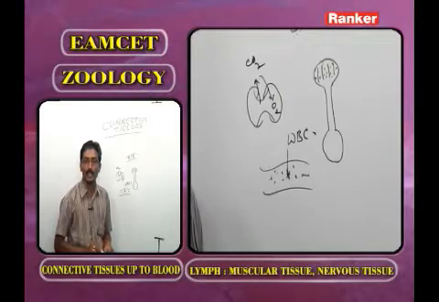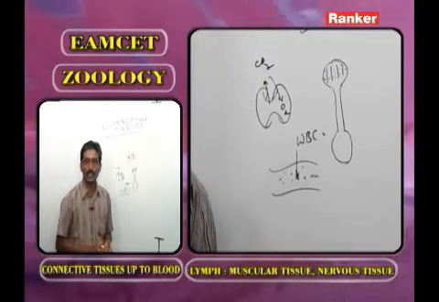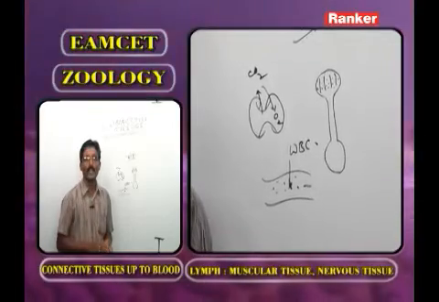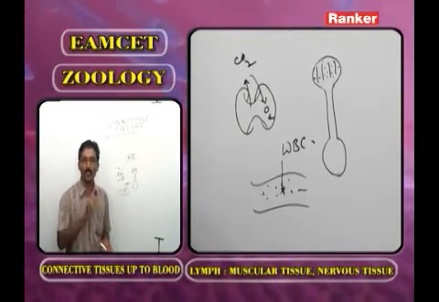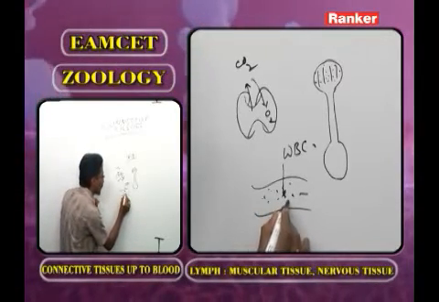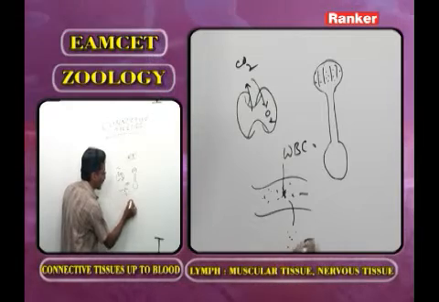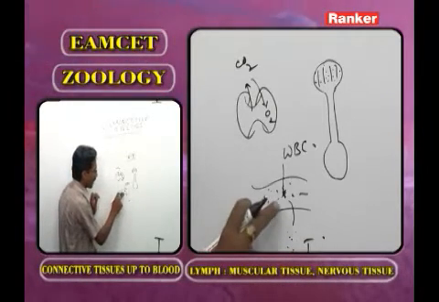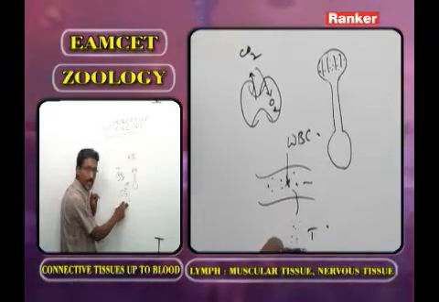Variety of WBC are present: neutrophil, eosinophil, basophil, lymphocyte, and monocyte. Now the WBC come out of the blood vessel into surrounding tissues. The T means tissues. The WBC come out of the blood vessels and enter into the tissues.